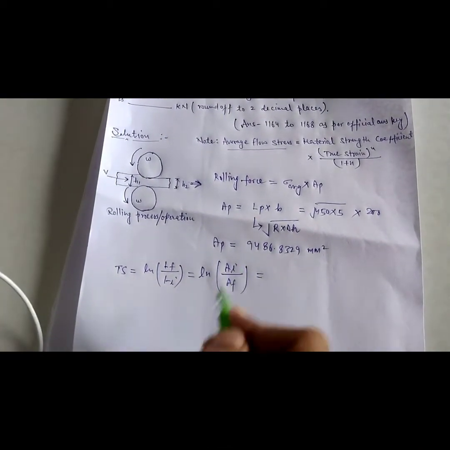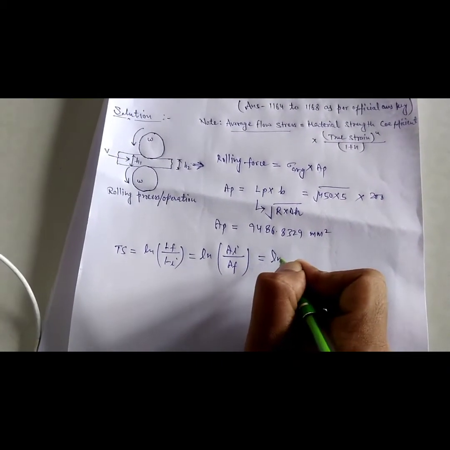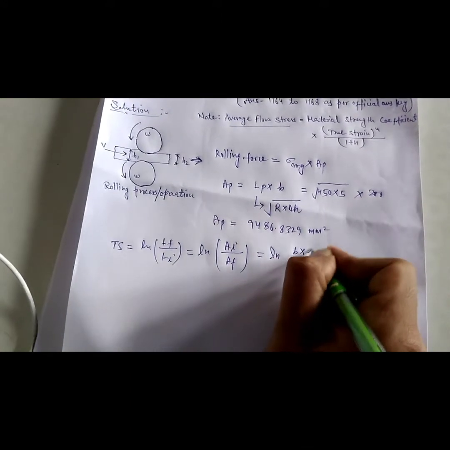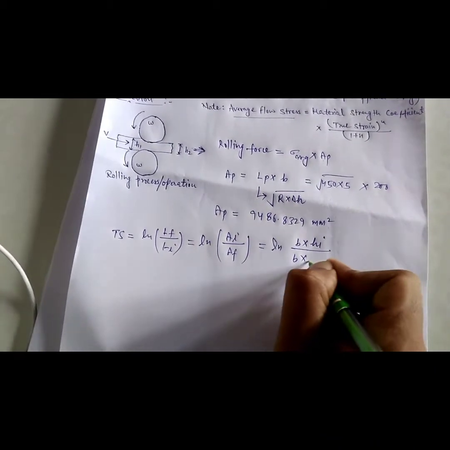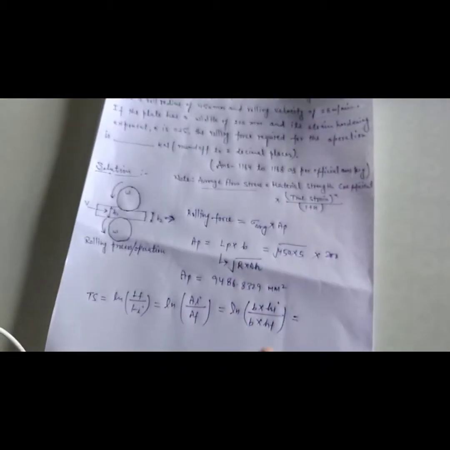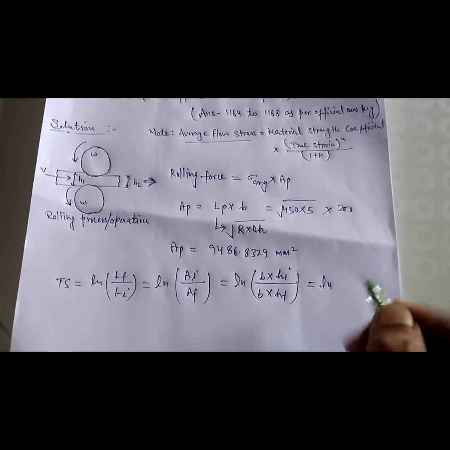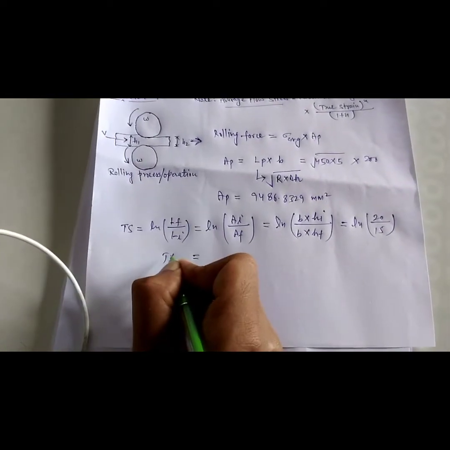AI is the initial area of the plate and AF the final area of the plate. AI will be written as B into HI, and AF will be written as B into HF. B is the width of the plate, which is not changing, only the thickness of the plate is reducing, so it will be equal to ln of HI upon HF, 20 upon 15.